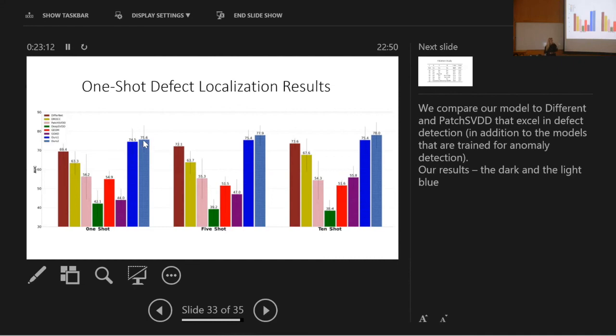Because defect localization is a task where you don't need many samples, since most of the samples are the same, it's naturally a few-shot task. So they published their paper about few-shot defect detection, and they applied several transformations. In order to compare to them, we had another variant, the bright blue, where we applied the same set of transformations that they applied, for a fair comparison. And they are in brown.